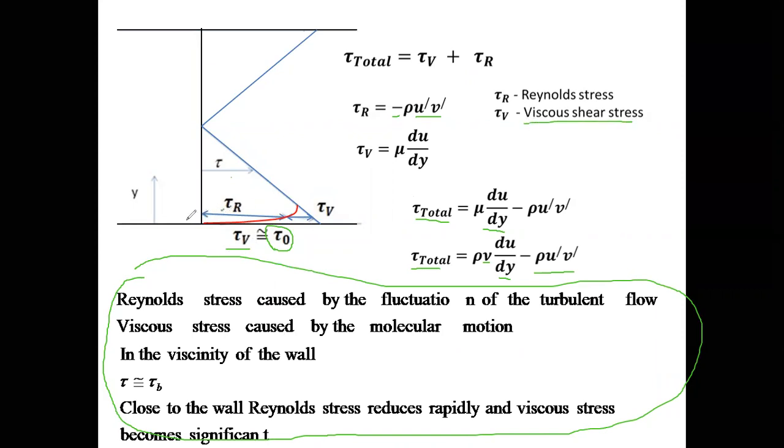When we go from the pipe wall toward the center of the pipe, the contribution of tau r is significant. Maybe there is a point, and after this point, all the total shear stress is due to tau r. The effect of tau v is negligible.